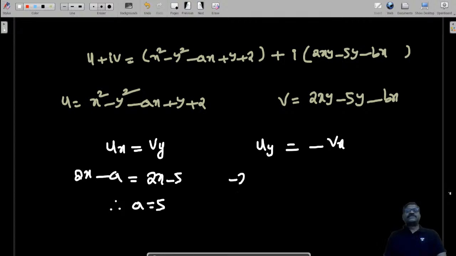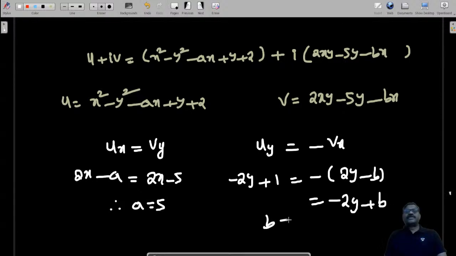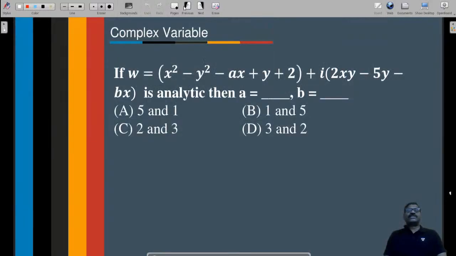Similarly, Uy is minus 2y plus 1, minus of Vx is minus of 2y minus b, that is minus 2y plus b. Therefore, b equal to 1. a equal to 5, b equal to 1 is the correct answer.